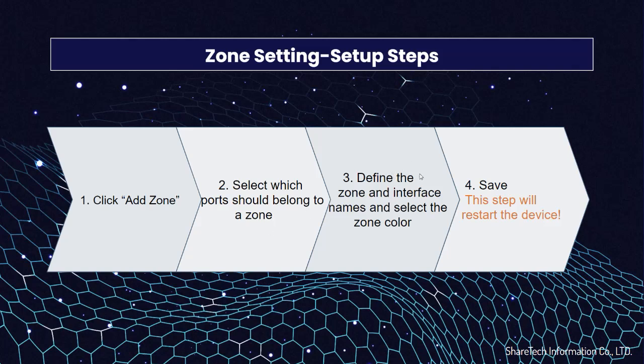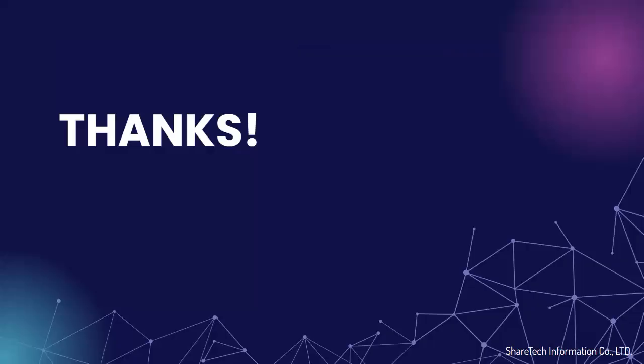The third step is define the zone and the interface names and select the zone color. The final step is save. Please note that this step will restart the device. So this is the zone setting setup steps.